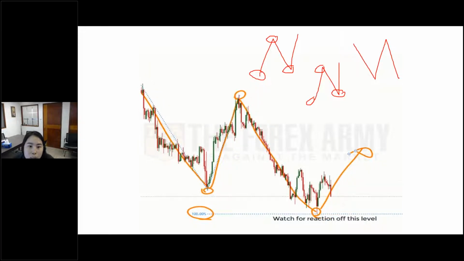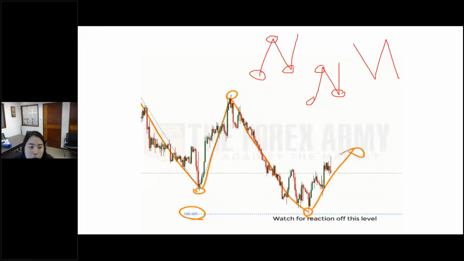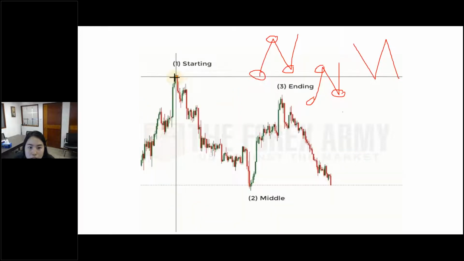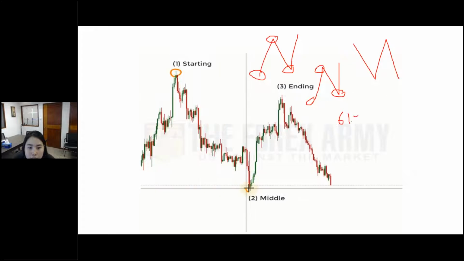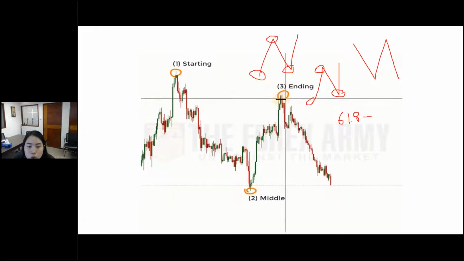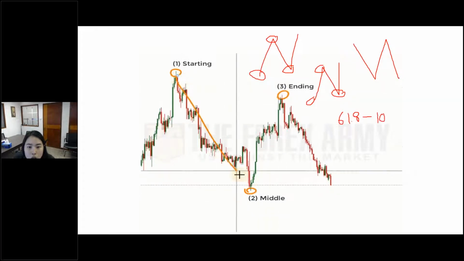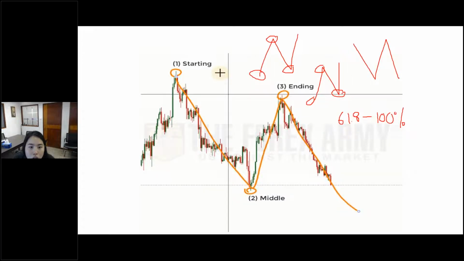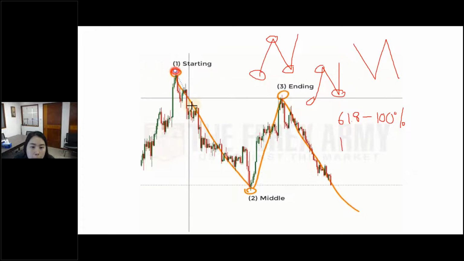Once we plot this, the levels that we will be focusing on for Fibonacci projection are the levels between 61.8% to 100%. These are the levels that we focus on. There are other levels above the 100%.